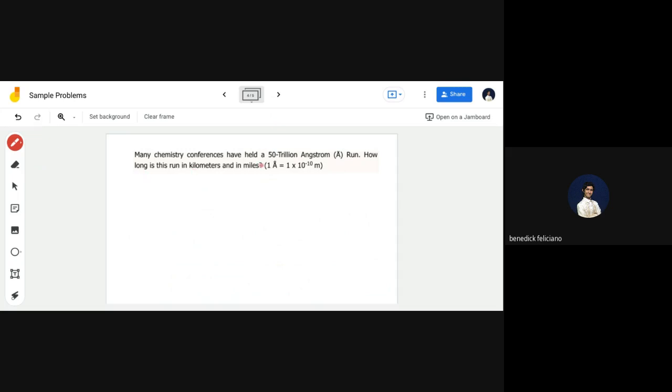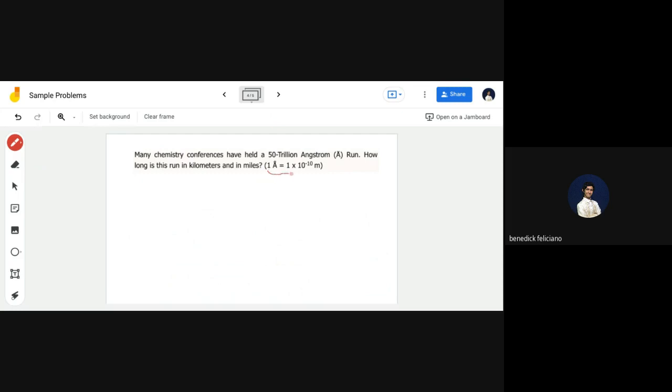So proceeding to another problem. Many chemistry conferences have held a 50 trillion angstrom run. How long is this run in kilometers and in miles?